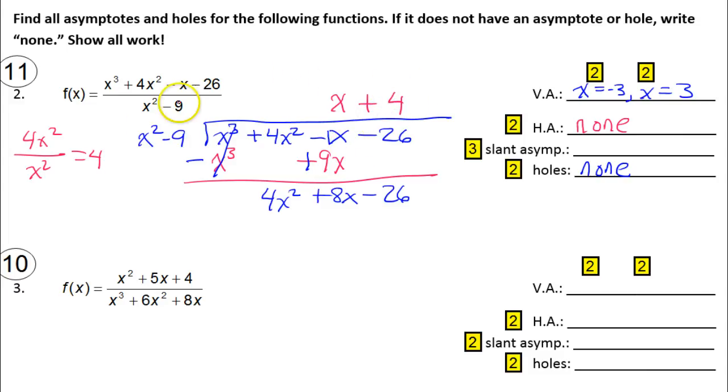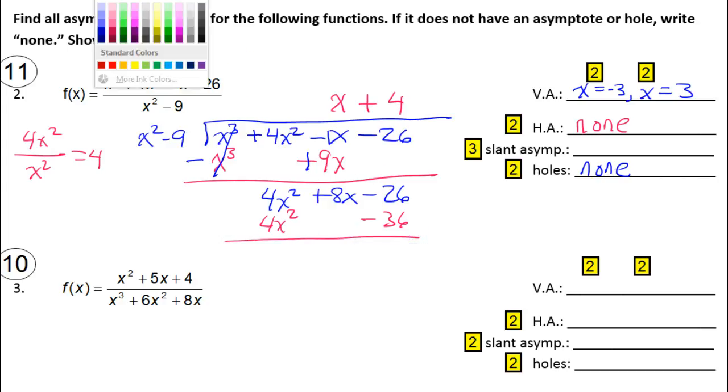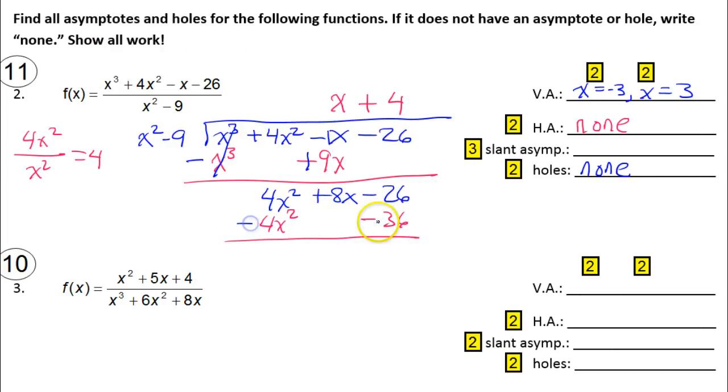I would take this 4 and do the distributive property. 4 times x squared is 4x squared. 4 times negative 9 is negative 36, which I will put right here, lining up the like terms. And then I will subtract by changing the signs. So this will become minus and this will become plus. These cancel. That leaves me with 8x plus 10.